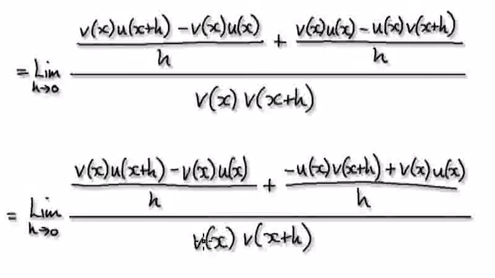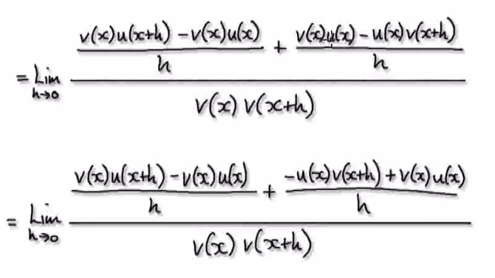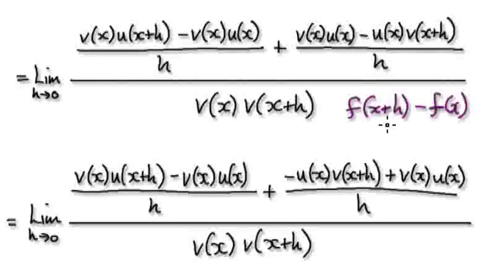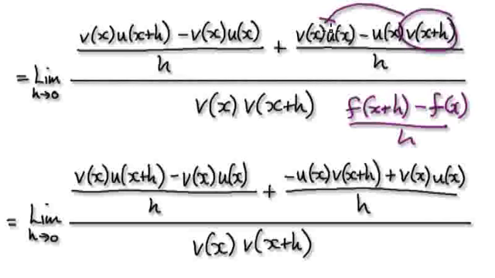Okay, so here we've got x plus h behind the v of x. Remember, our aim is to somehow get something along the lines of f of x plus h, take away f of x, divided by h. We want this to be in front and then this to be behind.